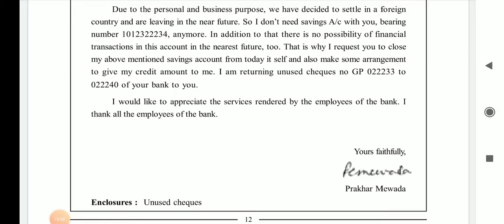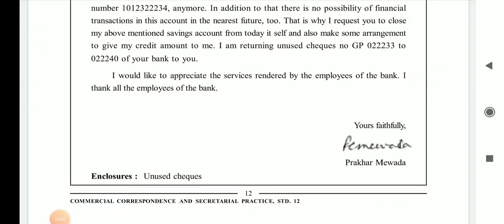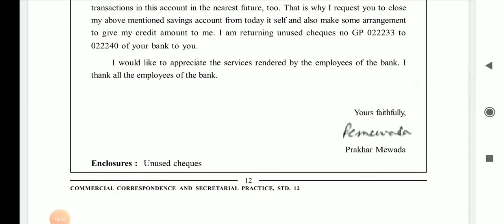That is why I request you to close my above-mentioned savings account from today itself, and also make some arrangement to give my credit amount to me. This person also requests the bank manager to close the account from today, that means the date of the letter, and also to arrange for the credit amount to be returned.